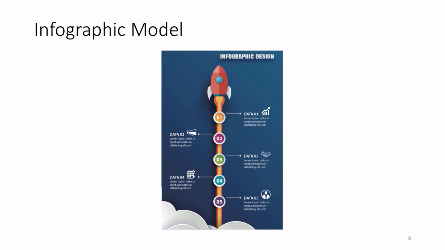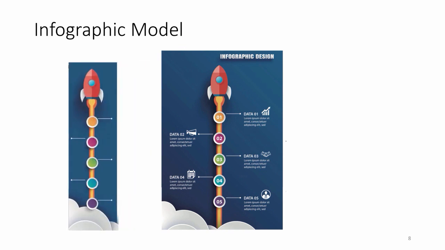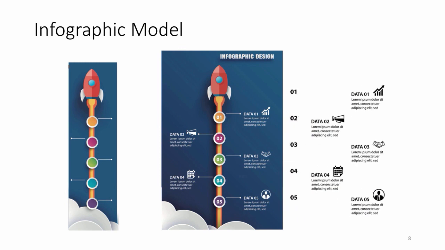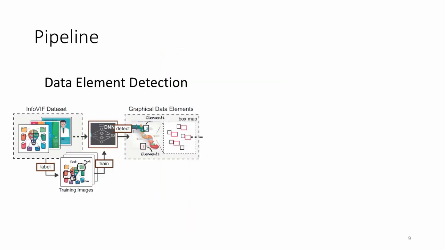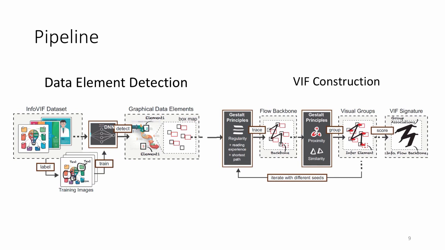A layer of artistic decorations, which will make the infographic visually appealing, and the other layer of data elements, where the information flows. So, our work consists of two parts. The first part is to peel off those artistic decorations and get the data elements. And then we construct visual information flows from those data elements.